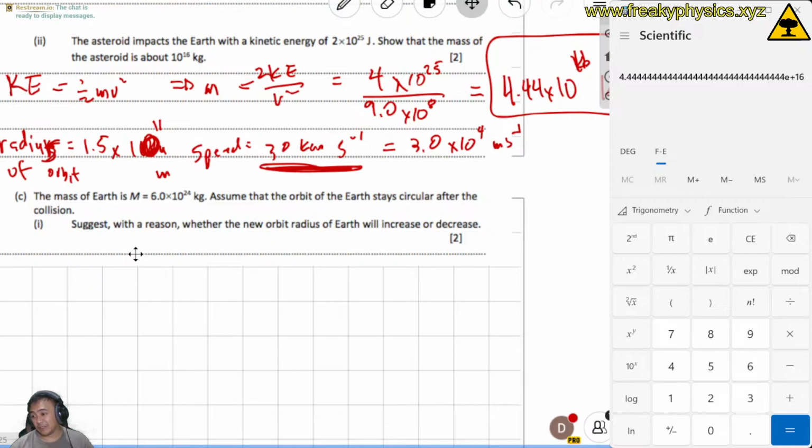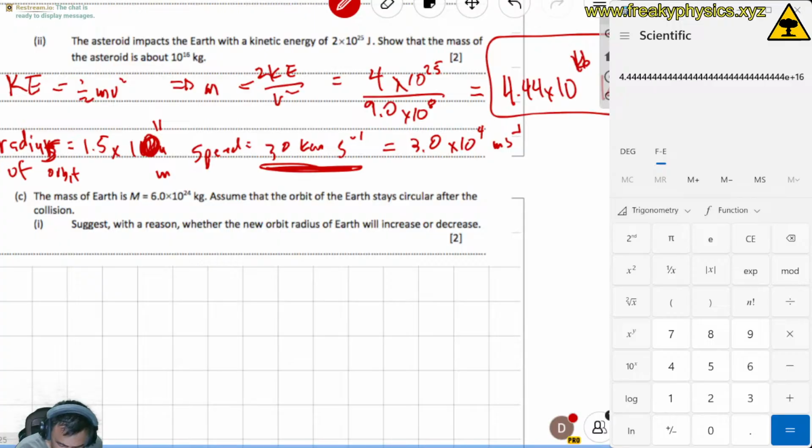What happened to the overall energy of the Earth? And then from there, you can determine whether it has enough energy to go farther or closer to the sun. Okay. Let me just think of the fastest way to do it right now. Or the easiest. Let's not go for the fastest in this case. Let's go for the easiest.